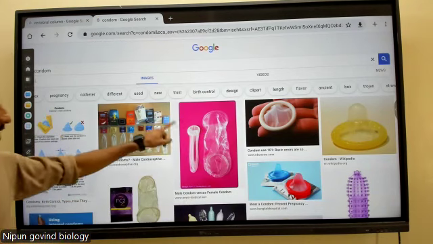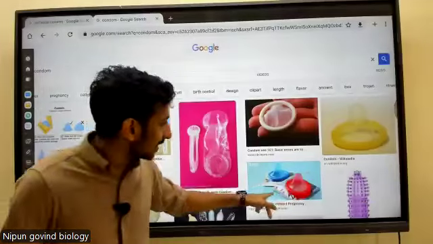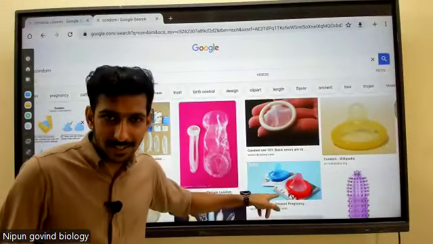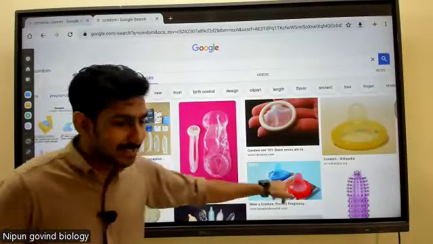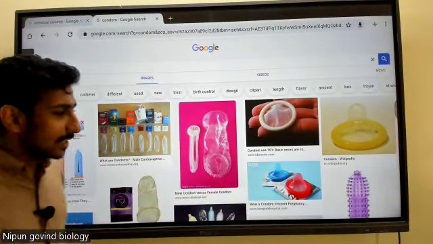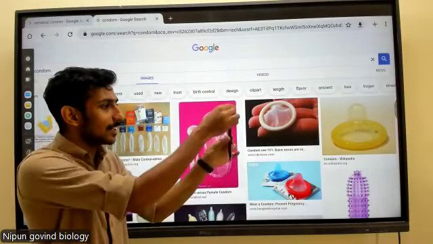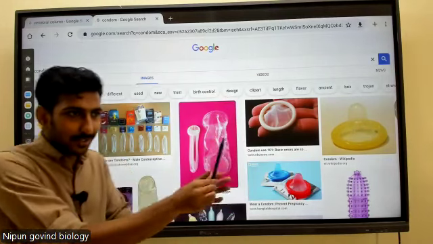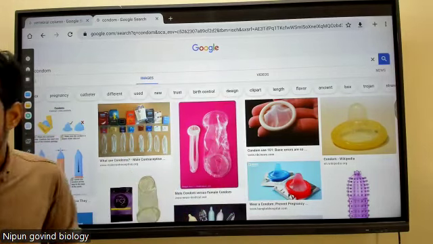See, this is a male condom. It will be like this. It looks like a Maggi masala packet, right? But inside that there will be this thing. If this is the penis, that is inserted on this. You can insert a condom only on the erected penis.